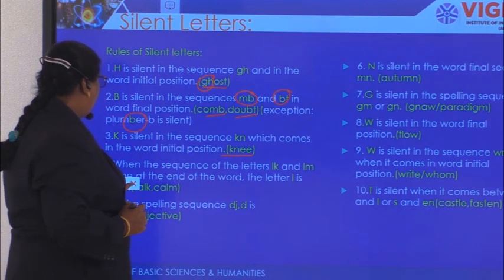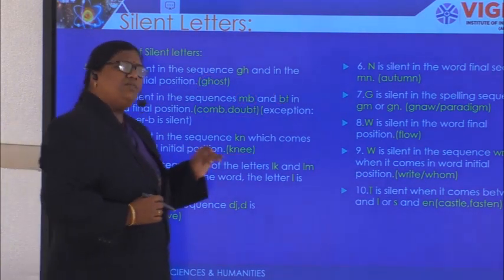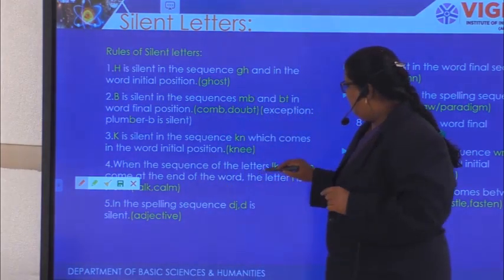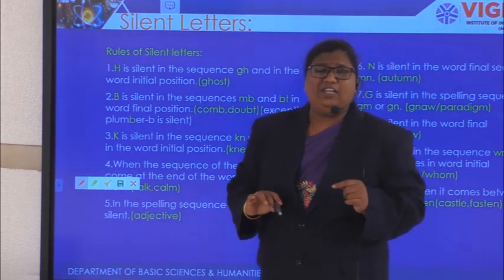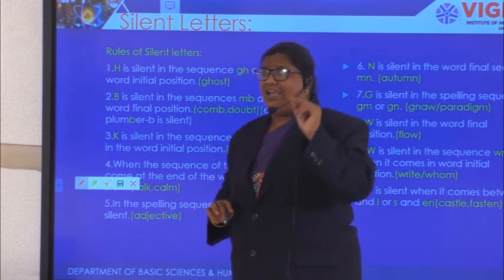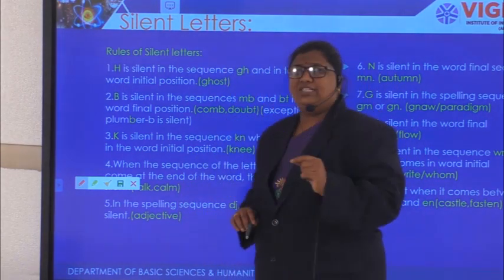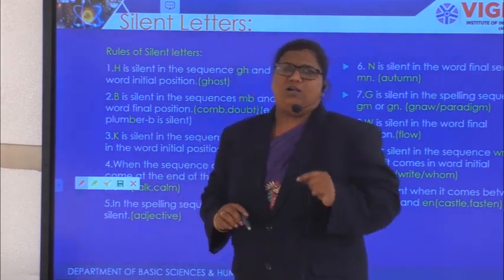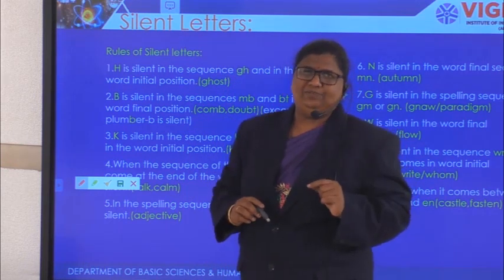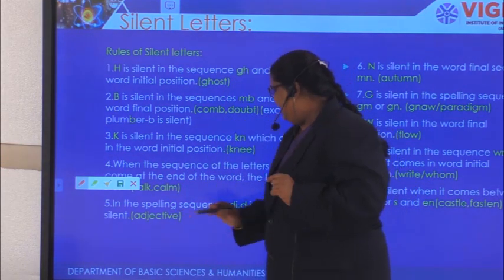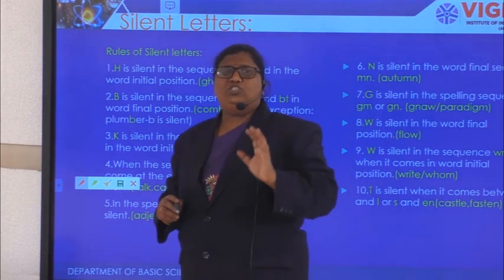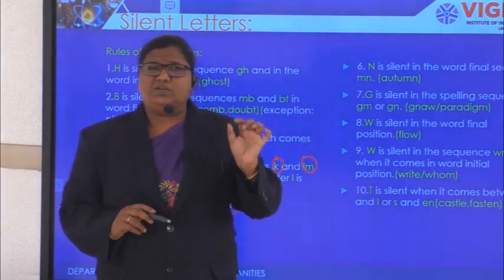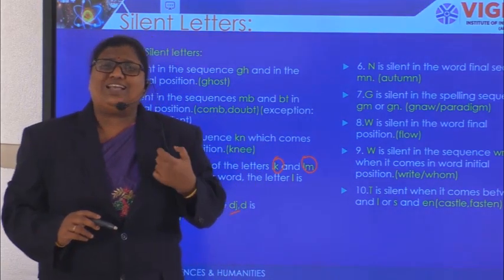And then the next rule is, when the sequence LK and LM comes in the word final position, then L is silent, like for example, talk, walk, calm. And then in the spelling sequence DJ, in the word middle position or anywhere, this we call a cluster.